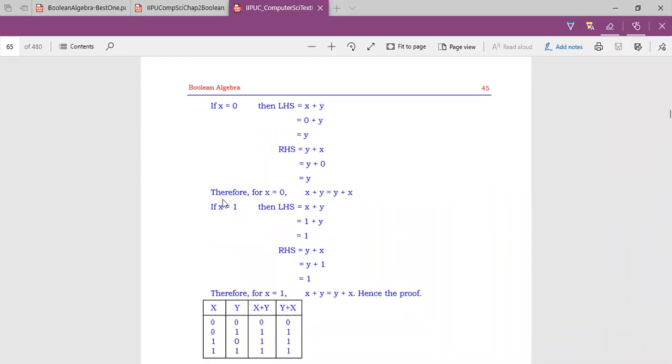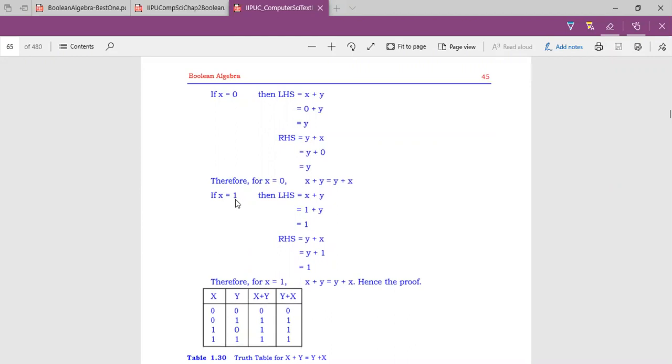In the second case, if you substitute x is equal to 1, then the LHS x plus y becomes 1 plus y is equal to 1. See, 1 plus y is how much? 1. In the properties of 0 and 1 you have seen, whatever you add to 1, it becomes 1 only.